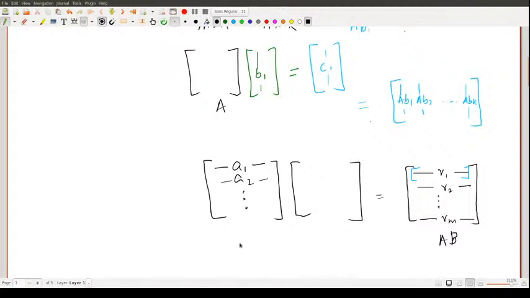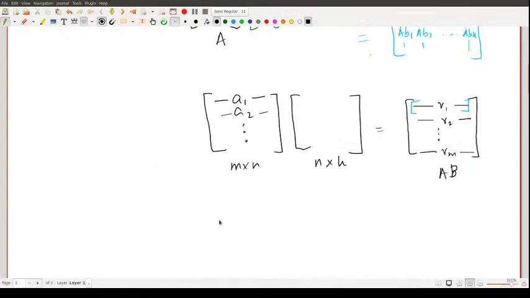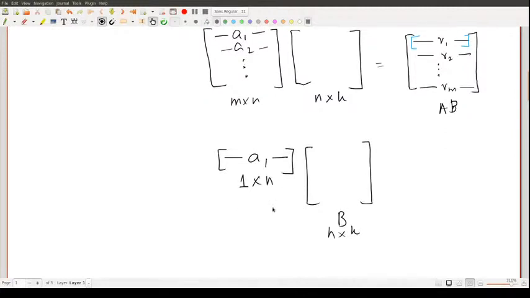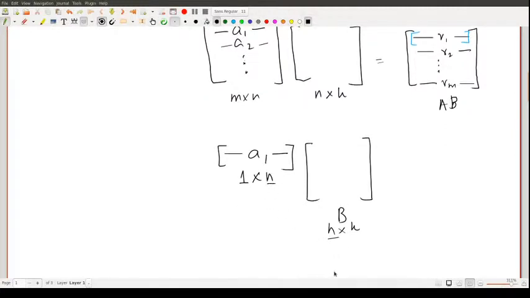This was an m by n matrix, and this was an n by k matrix. If I take just the first row of A and multiply it with the whole matrix B, notice the dimensions: this is one row with n columns, and this is n times k. So it makes sense that I can take the one row and multiply it with the whole matrix, because the matrix multiplication is compatible.